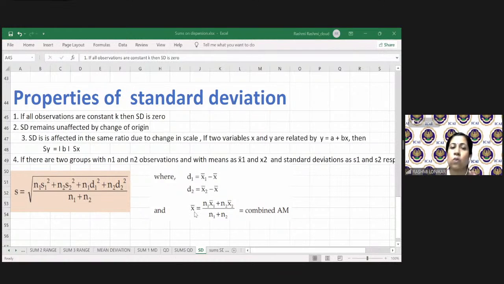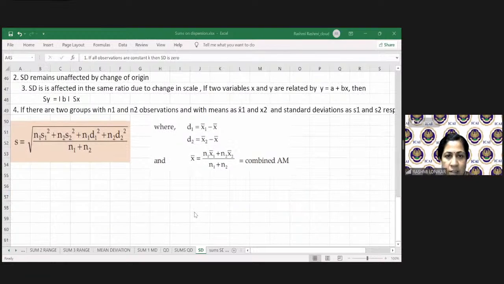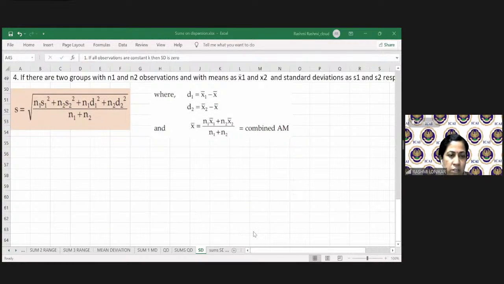So when you have to find this combined standard deviation, what happens here is, I have one group of data which has n1 number of data, its arithmetic mean is x1 bar and its standard deviation is s1.